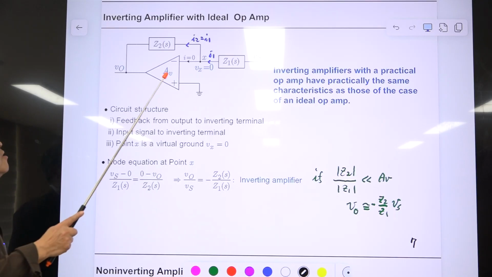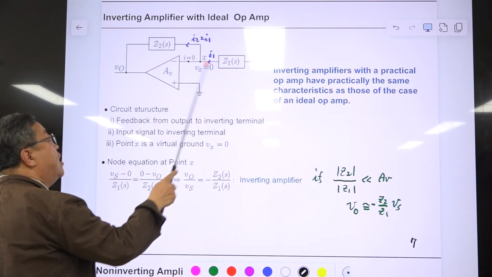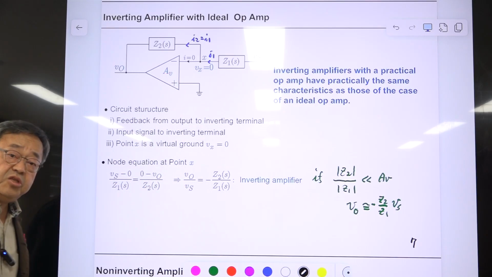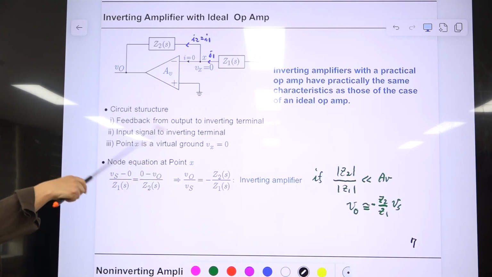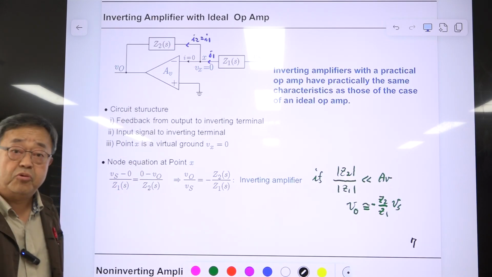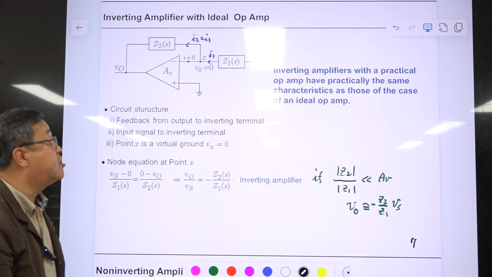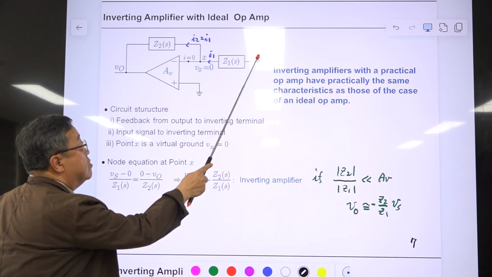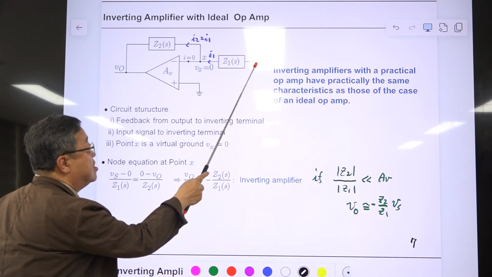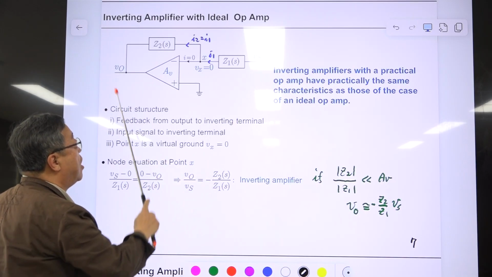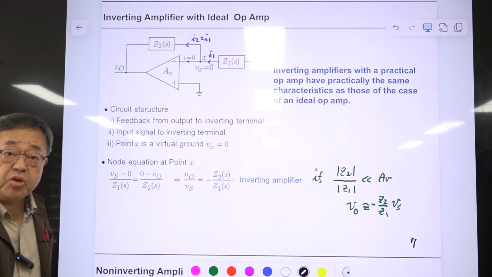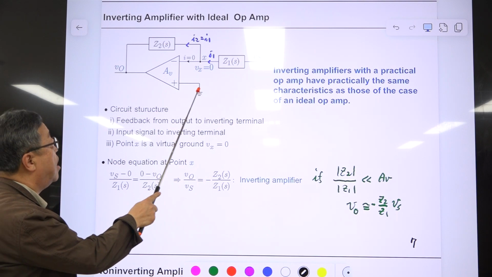For example, you are applying some input here and another input here, and we are assuming this is a linear device. Then we have the superposition principle. First, you assume the input is excited here, then analyze this as an inverting amplifier, assuming this is grounded.